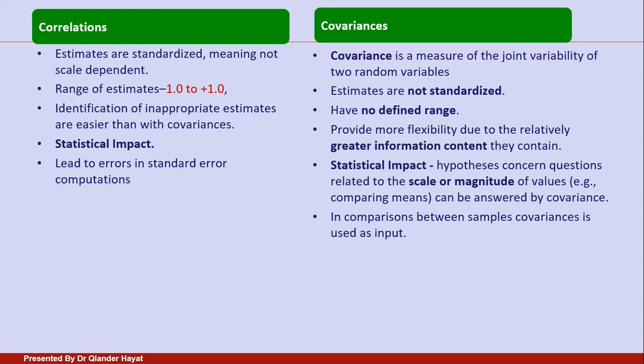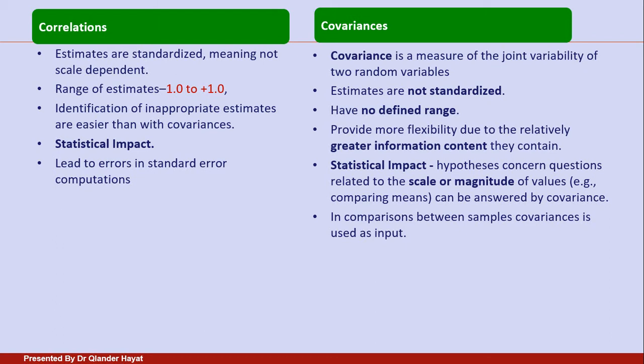And if we are interested in the variability of two variables, that is known as covariance. So correlations are standardized estimates, and these measures are not scale dependent. Their range of estimates is from -1 to +1. And identification of inappropriate estimates is easier than with covariances.